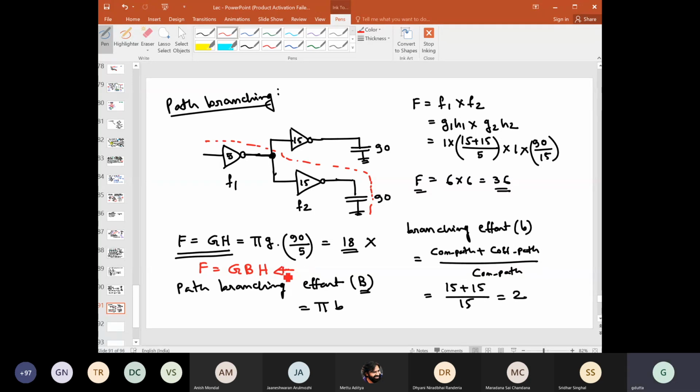This is a common expression for any digital integrated circuit consisting of many gates. If you do not have branching, you will get the value of 1. But you can also use the earlier expression, which is conditionally true if you don't have any branching.